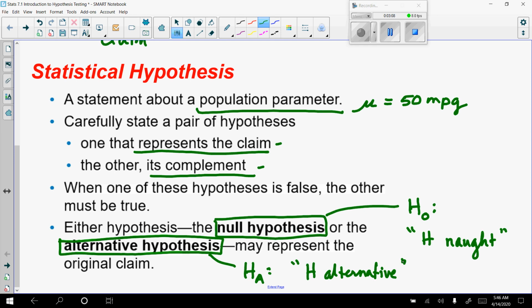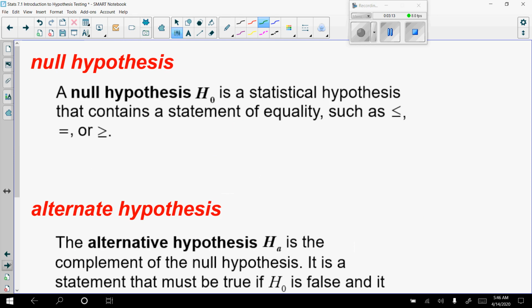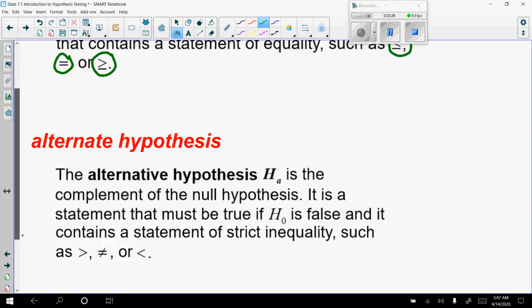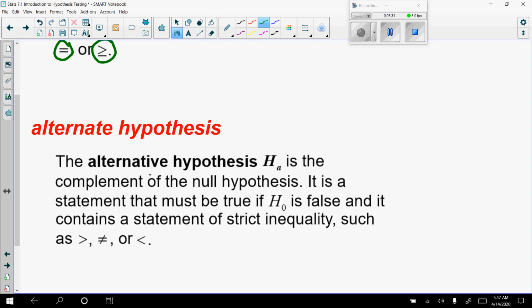That's what the A stands for. The null hypothesis, H naught, is a statement that contains either a less than or equal to, an equal to, or a greater than or equal to. The alternate hypothesis, H sub A, would be the complements to those, with less than, greater than, or not equal to.